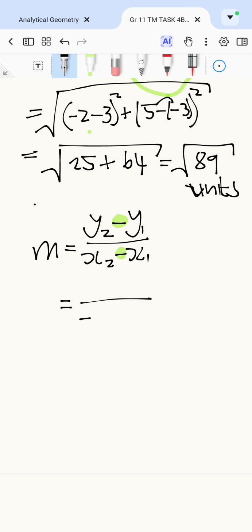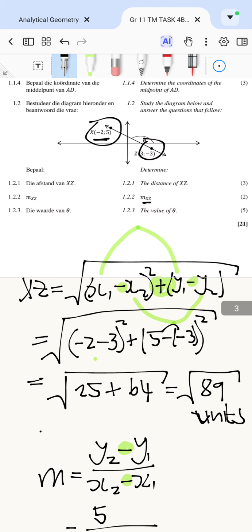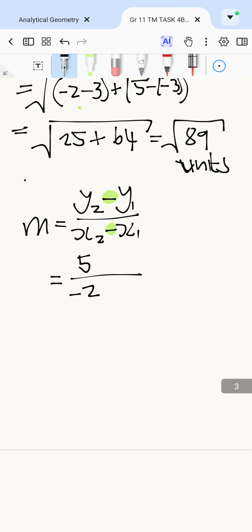So I'm going to put a -2 there. And the corresponding y value was 5. So I'm going to put the 5 there. So let's just double check that. -2 and 5. Okay, so now what I did was, this is a coordinate, right? The important part when I do the substitution is that that's a coordinate that joins together. Okay, then we said there needs to be minuses in the middle.